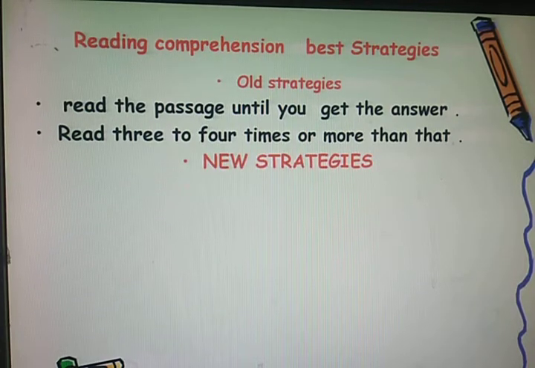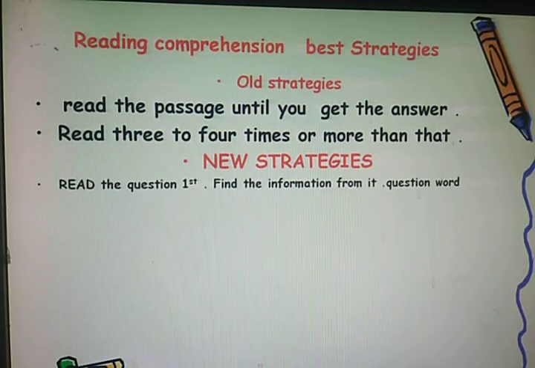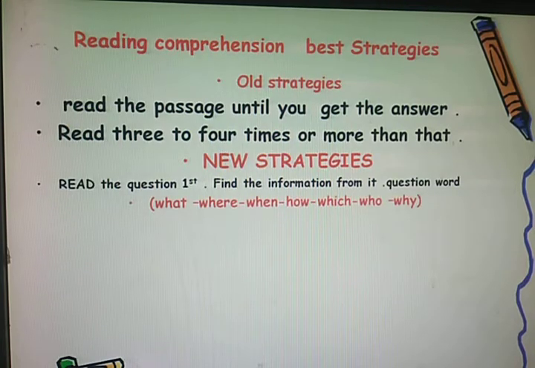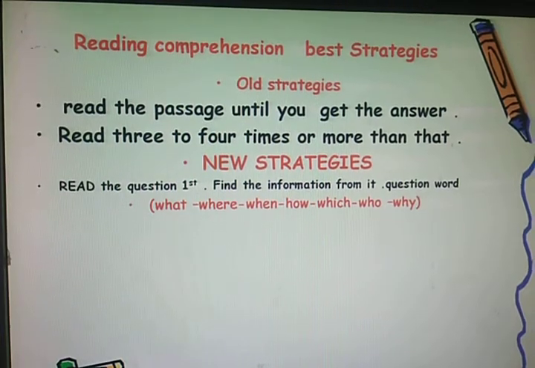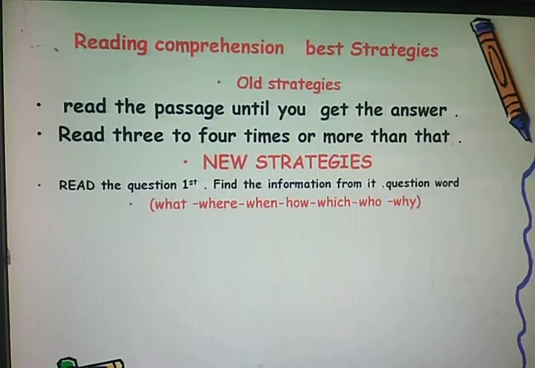But let's talk about the new strategies. Number 1 point, read the question and find information from the question word. Which question word? What, where, when, how, which, who, why. This strategy says we have to read the question first and try to understand the question word.